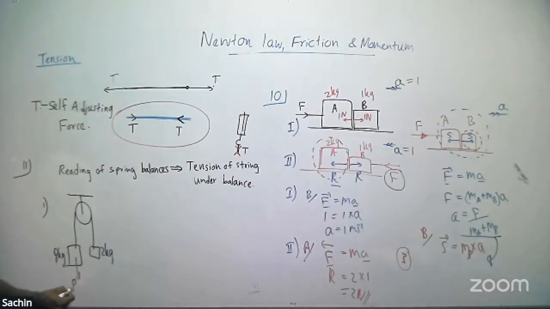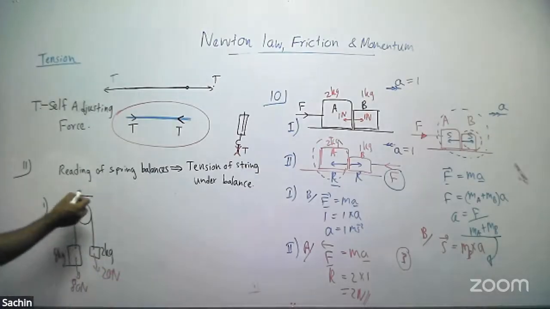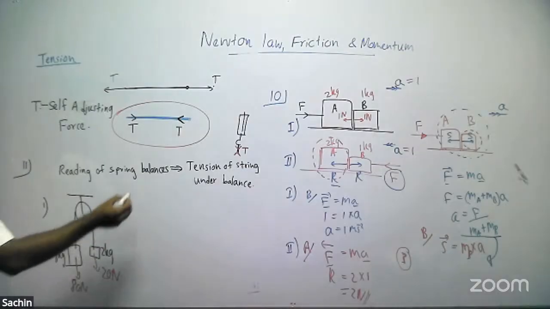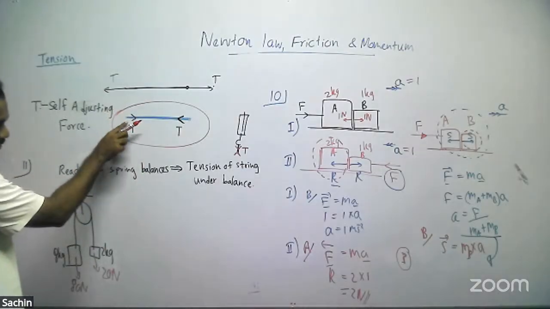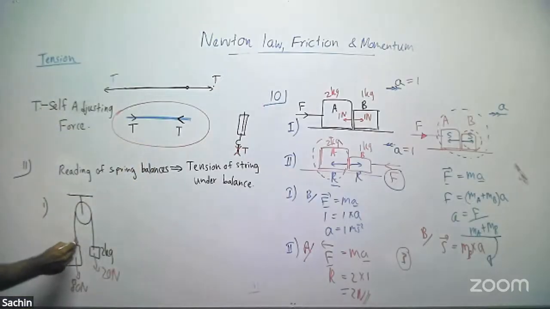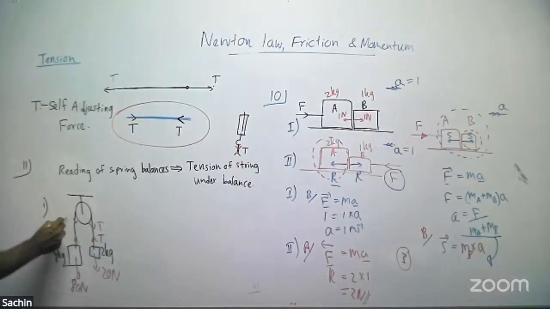Definitely the weights are there, 80 Newton and 20 Newton. Then there's this string, and along the string there are tension forces. How do we mark the tension forces? The tension forces are always marked into the string, like this.